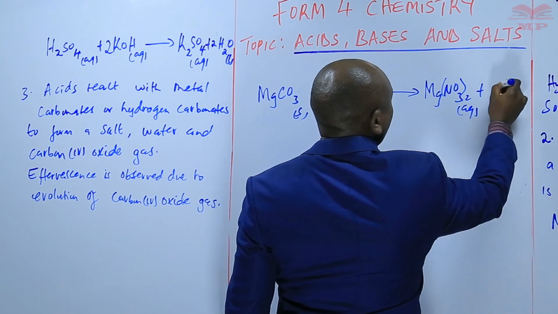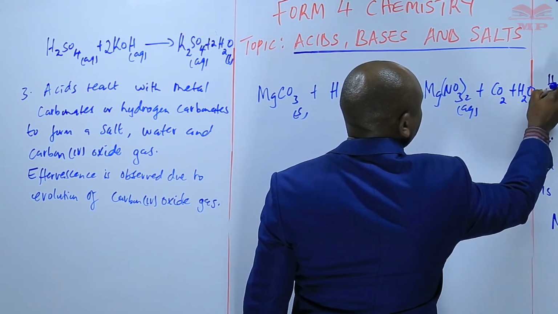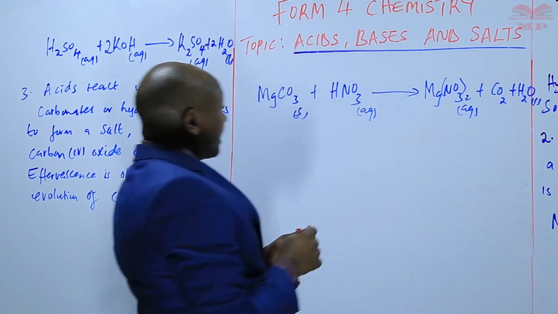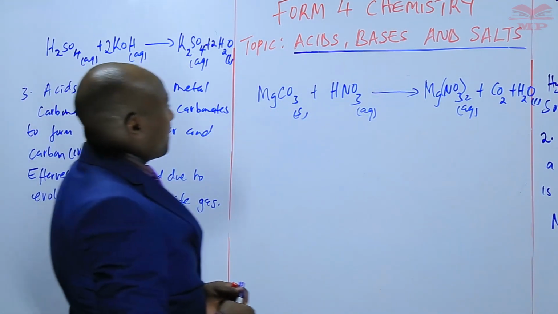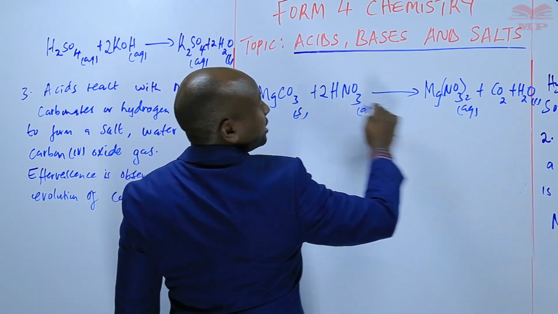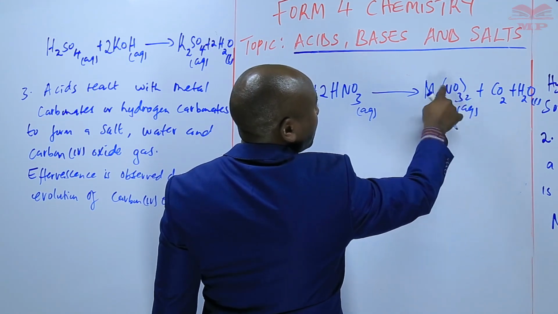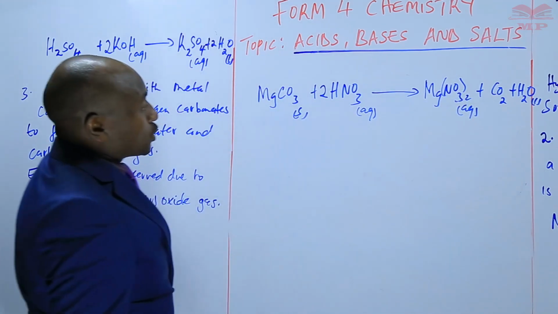There will be carbon dioxide plus water. So basically, there are three products there. To make sure that the equation is balanced, we'll balance the hydrogen and also the nitrogen and the oxygen. And the equation will be like that.